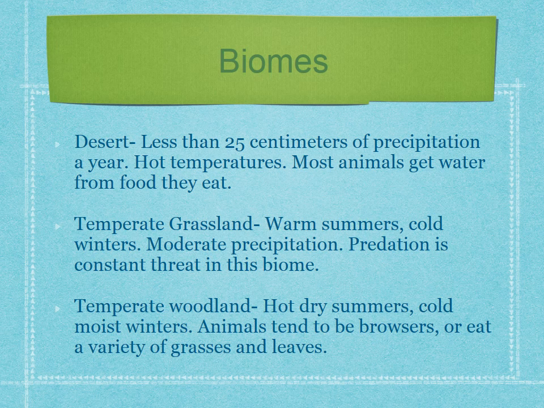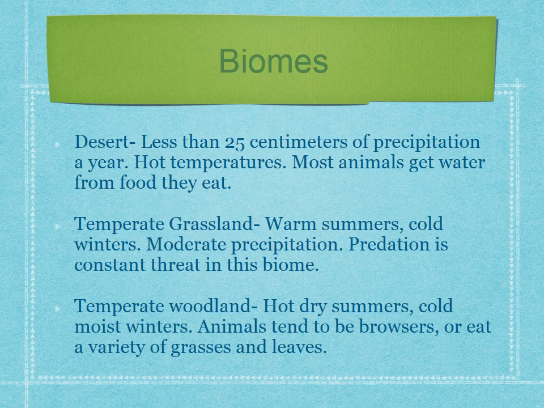So then we have the desert. And in the desert, there is less than 25 centimeters of precipitation a year. If you don't know what that means, it means it doesn't rain a lot. So we're going to see hot temperatures, and most animals are actually going to get their water from the food they eat. We have temperate grassland where warm summers and cold winters occur.